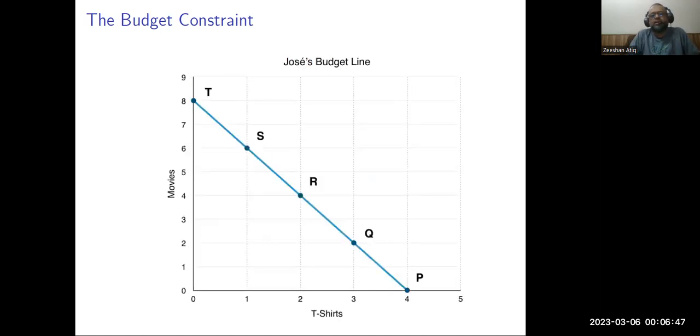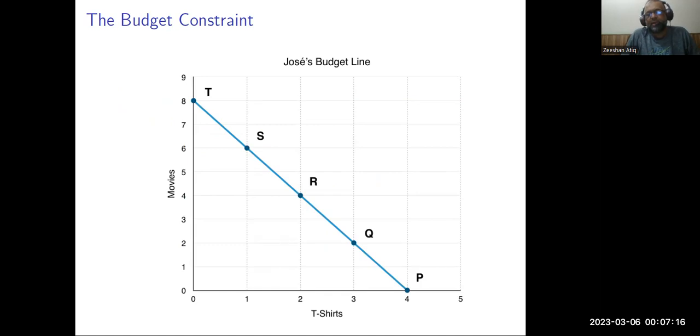Graphically, you can represent this as a budget line. This budget line has got two sides: one is the x-axis, the other is the y-axis. If we continue with our previous example of Jose, who is consuming movies and t-shirts, and we measure the quantity of t-shirts on the x-axis and the quantity of movies on the y-axis, we can see that the budget constraint is defined as the combinations that a person like Jose can afford.